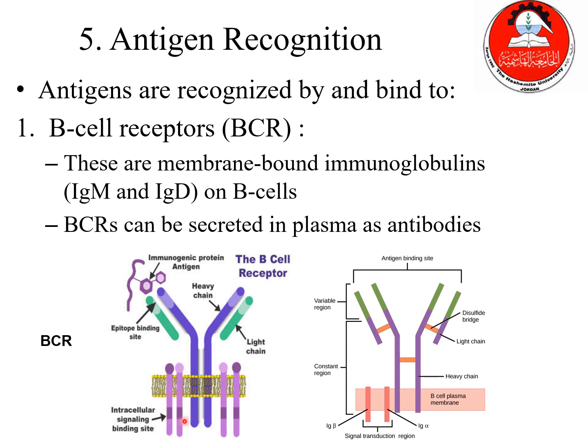And we have here the intracellular signaling binding site as well, embedded within the membrane. The immunogenic protein antigen attaches to this region, which is the variable region, and this region is the constant region. The B cell receptors can also be secreted in plasma as antibodies.